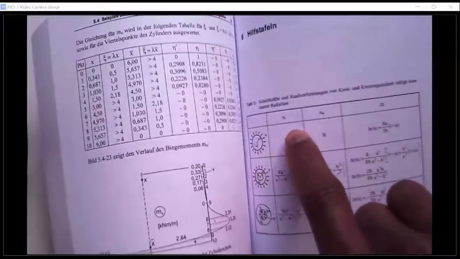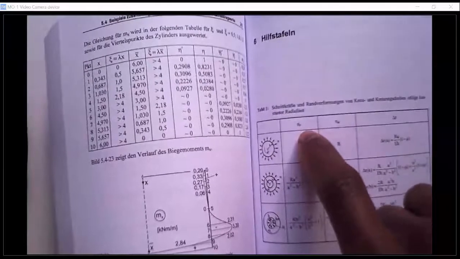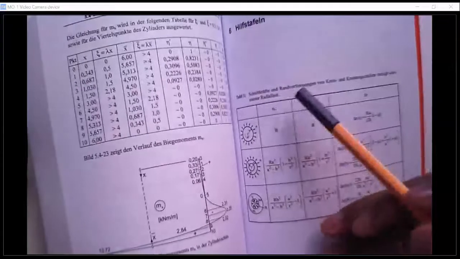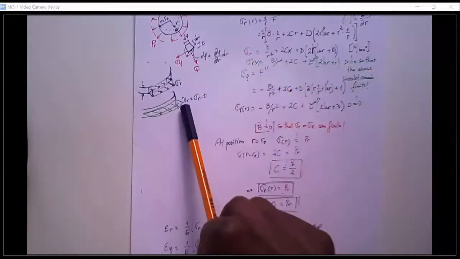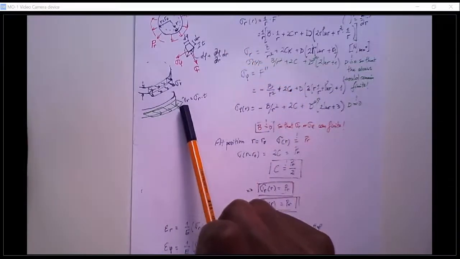What are the formulas I'm looking for? Here they are. So we want to see what NR is. The book is using line stress.